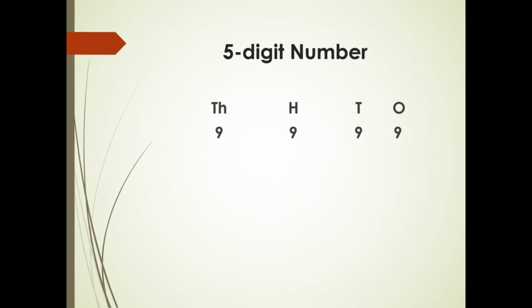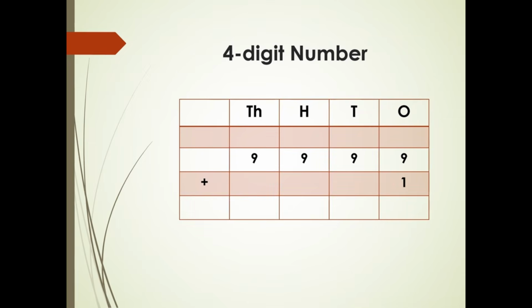This number turns into a five-digit number when 1 is added to it. Adding 1 to 9,999 gives us 10,000. 10,000 is a five-digit number.